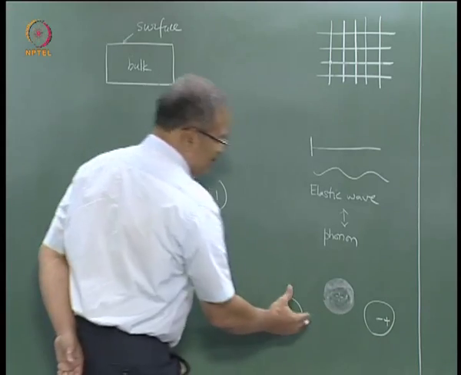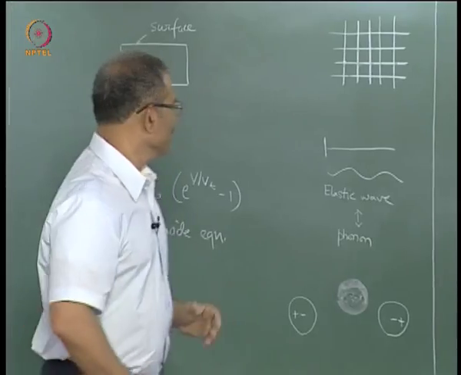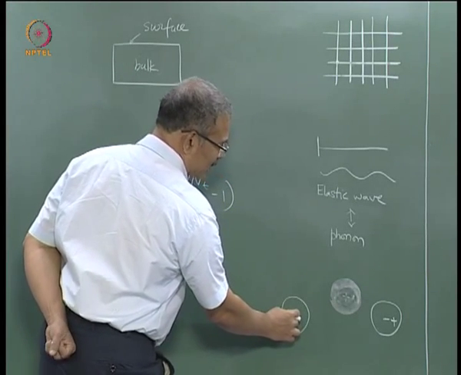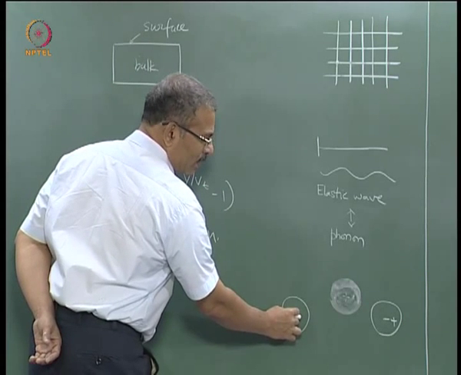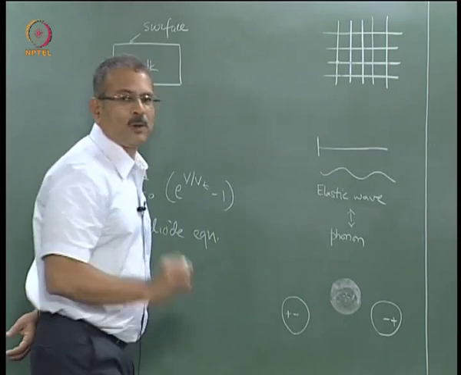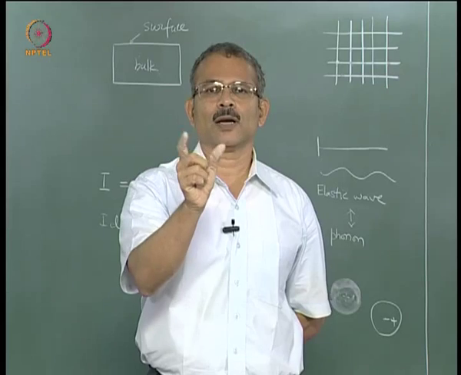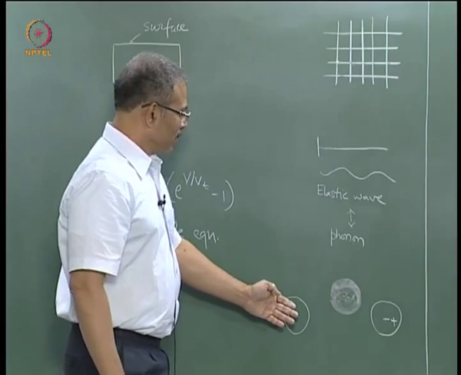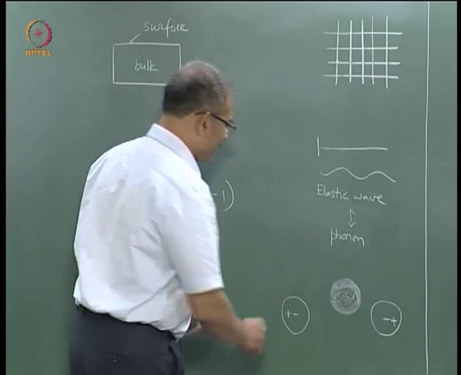So you see that a vibrating atom of a semiconductor is like an oscillating dipole. A dipole is an arrangement where you have a positive and a negative charge with a non-zero separation. Now if the distance between the positive and negative charge goes on changing, it is called an oscillating dipole. You know from the course on electromagnetic fields that an oscillating dipole is a source of electromagnetic wave.